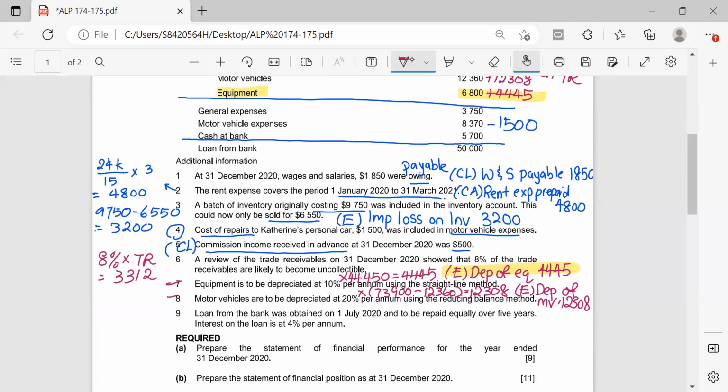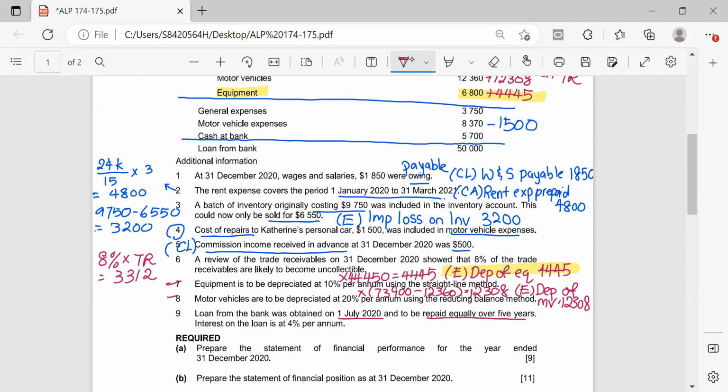Okay, for loan, I know we have not done loan yet, but you have done it during math. So for loan, we are just doing quite a simple loan. For number 9, actually it's 2 parts. One is about your CPO LTV, because you're going to repay equally over 5 years. You have to take out 1/5 of it every year as a current portion of long-term borrowing. So this loan, you only borrow it on 1st July 2002, in the middle of the year, you borrowed the 50,000.